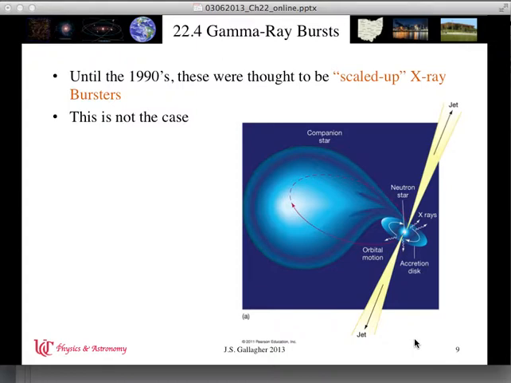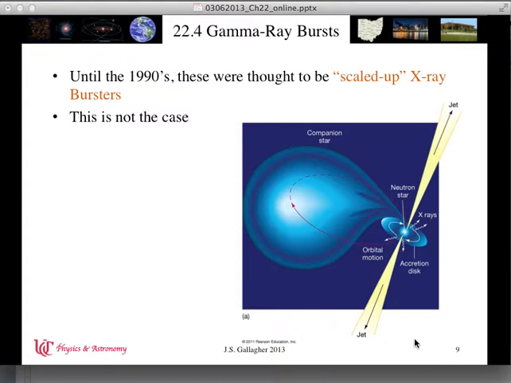Now, between this 1973 paper and the early 1990s, we didn't really know what these objects were, these gamma ray bursts. It was guessed, it was assumed that they were some form of scaled up X-ray burster.